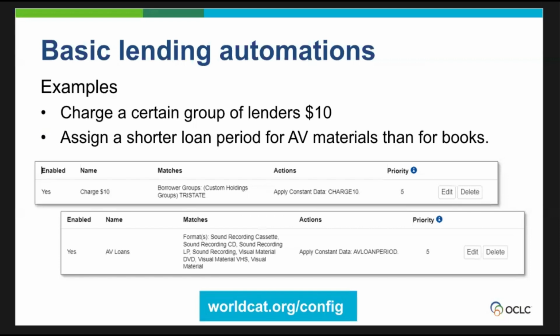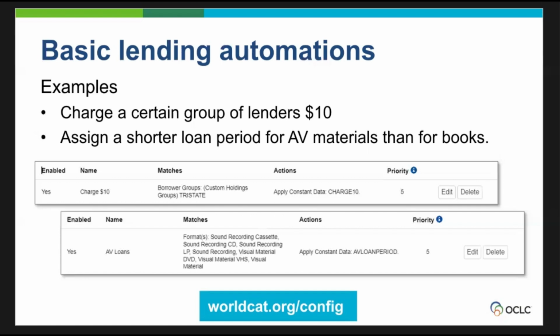Okay, lending automations. You can have the system automatically apply your constant data. You can set it up so that it will automatically mark a group of lenders. So if you have a local group that you charge $10 for, or you can say everybody except the people in my tri-state group. Say you lend tri-state for free, but you want to charge everyone else $10.